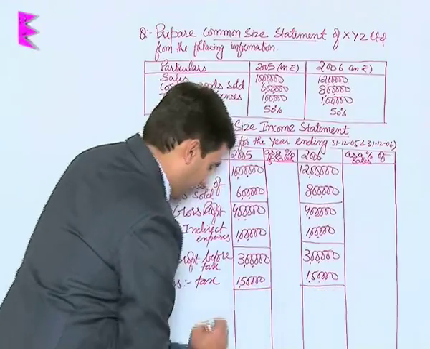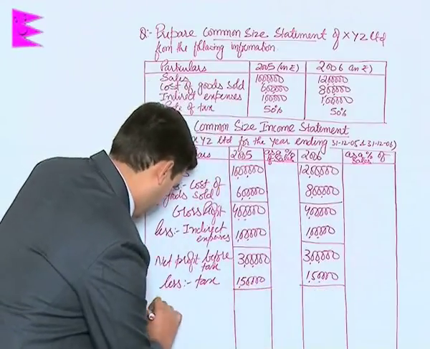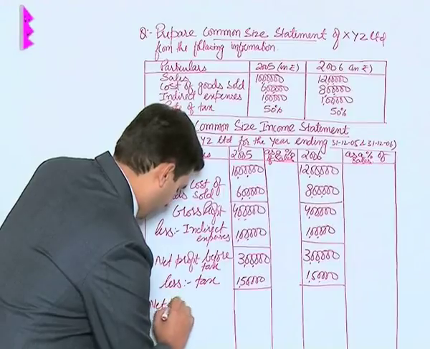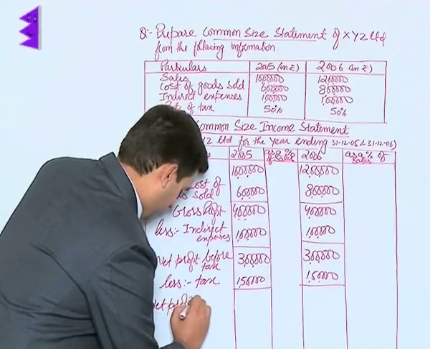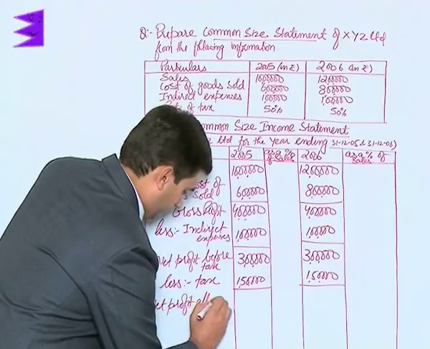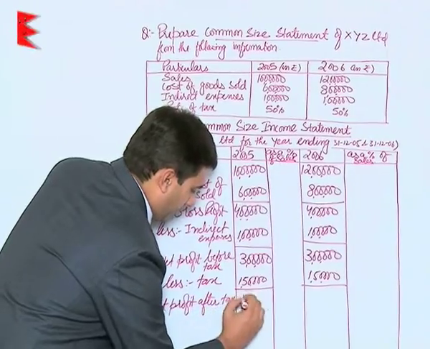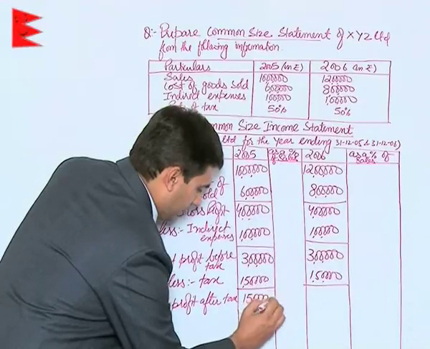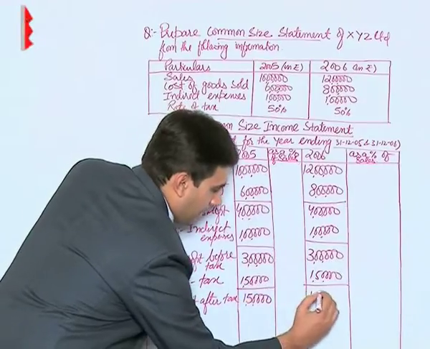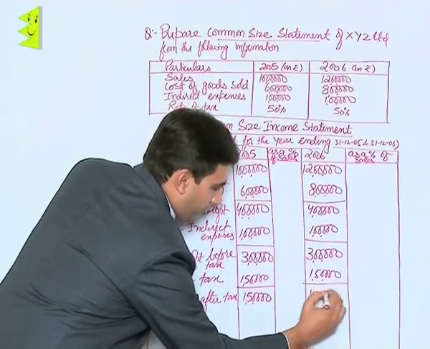Once we deduct it, we'll get net profit after tax: 1,50,000 and 1,50,000.